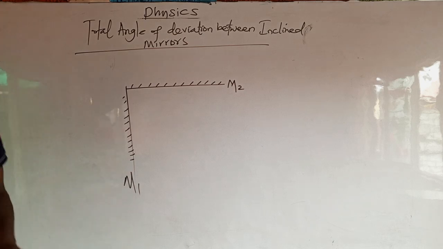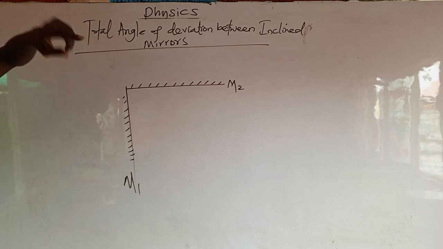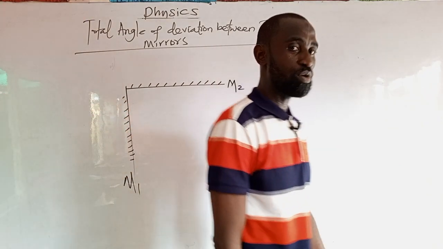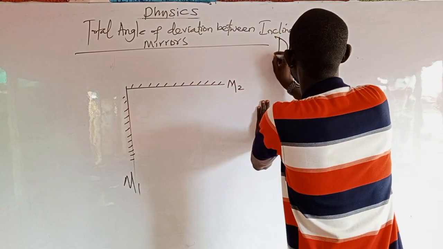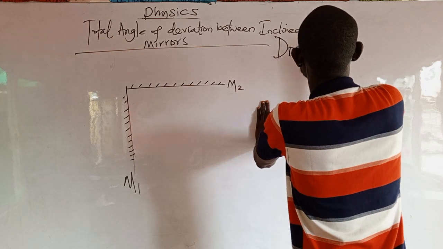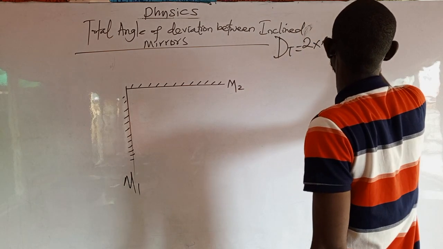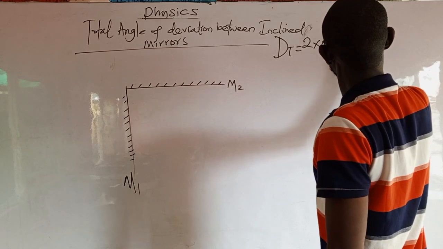Anytime we have to find the total angle of deviation between inclined mirrors, that angle of deviation is always twice the angle between the mirrors. It's a fact. So the total angle of deviation is always twice the angle between the inclined mirrors.